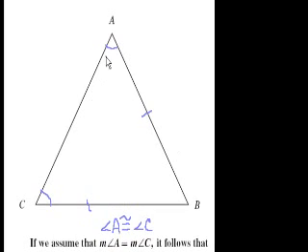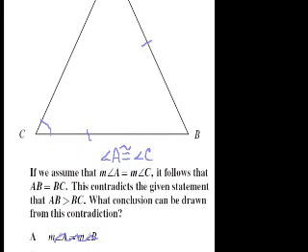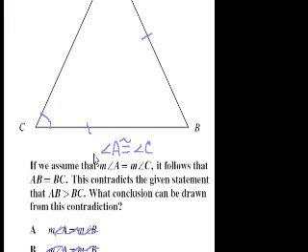They didn't say that this is definitely true, just that if we assume it. That's where the contradiction came, because if we assumed it, then AB would equal BC and could not be greater. So this is an assumption, not proven to be true, and it contradicts the given statement that AB is greater than BC.